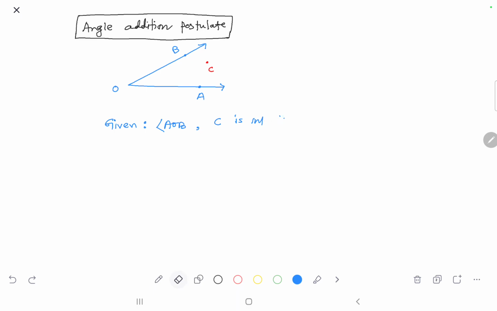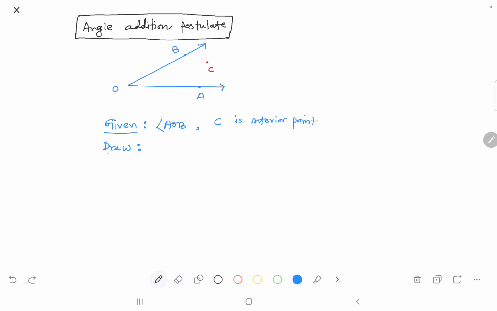Now what do we do? You have to take an interior point, that is important. Now let's draw a ray. What are we drawing?